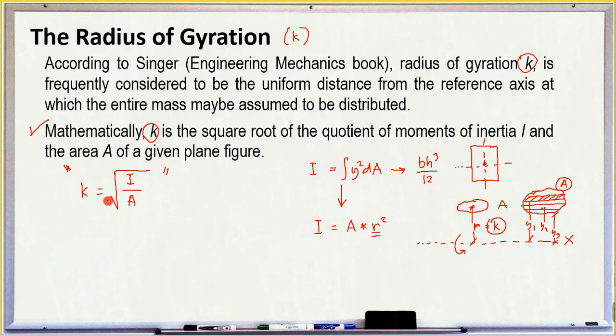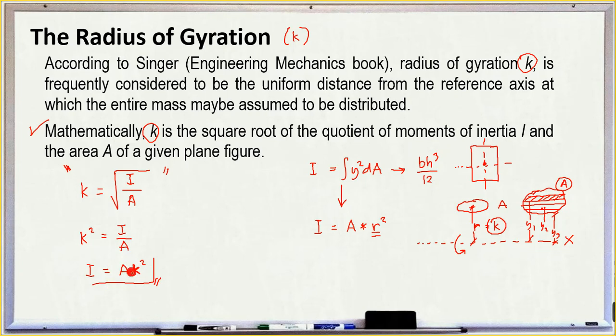Now if we rearrange this, taking the square of both sides, we have I over A, and solving for I, that is equal to A times k squared. So this is another formula for the moment of inertia, equal to the area of the object.